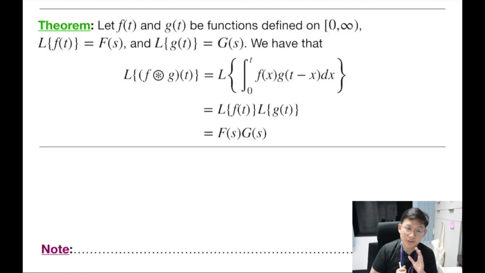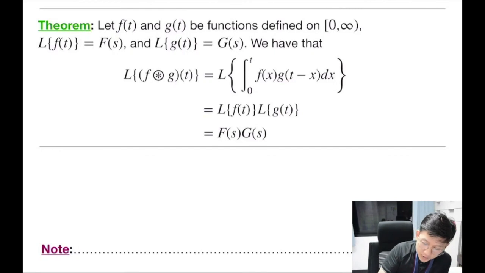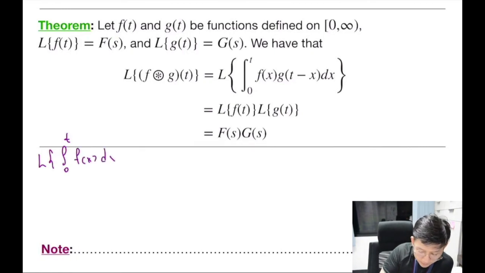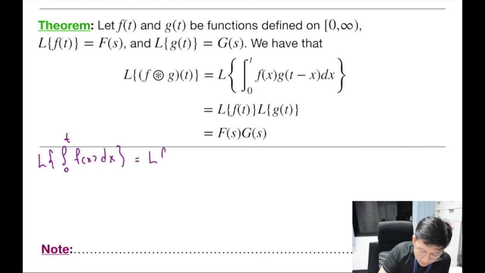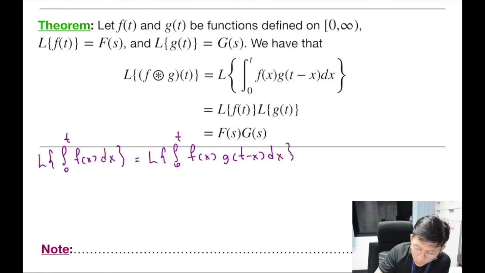It's pretty simple. Note, guys, if you want to find the Laplace transform of the integral from 0 to t of f(x) dx, there's no g. But can I write it like this? It's the Laplace transform of f(x) times g(t minus x) dx, where g(t minus x) is 1.